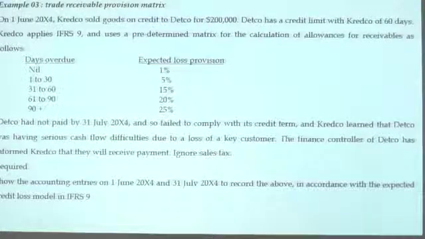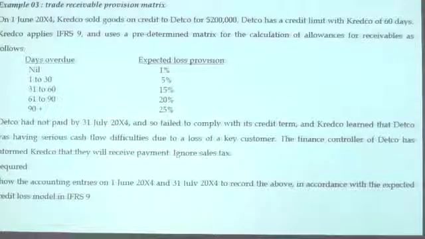When it is in the not due bucket, it is nil, and you need to make a provision of 1%. Therefore, when you made the sale, at the same time you need to recognize the provision of 1%. 1% is 2,000. Therefore, on the very first day, you have two double entries: debit debtors, credit revenue 200,000; debit P&L, credit provision 2,000. Is that clear? The expected loss.